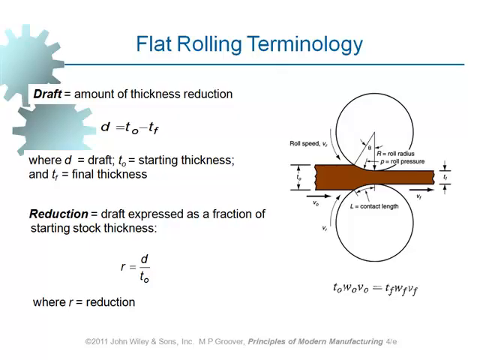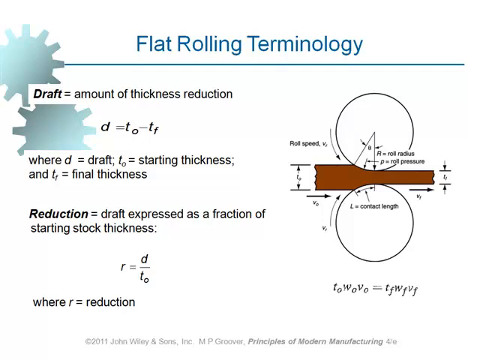And the radius of the roll is indicated by capital R, which is the roll radius. And we've got a pressure which is being applied to the material, pressure P. We've got an incoming speed, which is V0, the speed of the sheet when it is moving in, and the speed of the material when it is moving out.